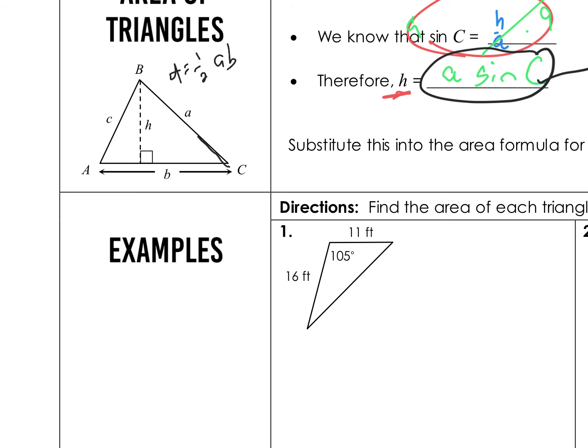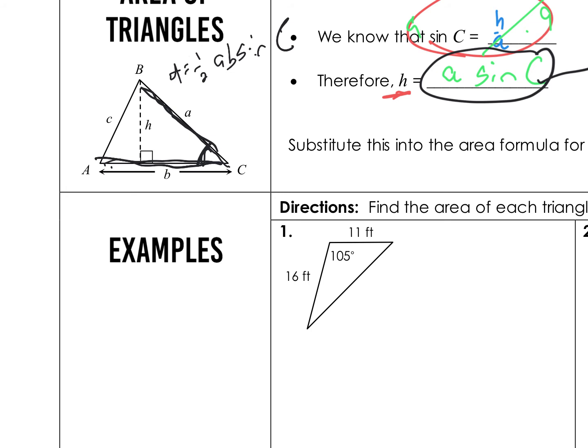Look at the A. Here it is. Look at the B. Here it is. Sine of C. Here it is. What do you notice? How are they related? I hope you see that it's special.